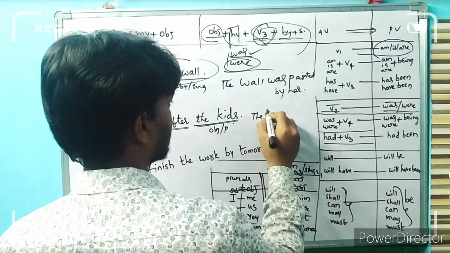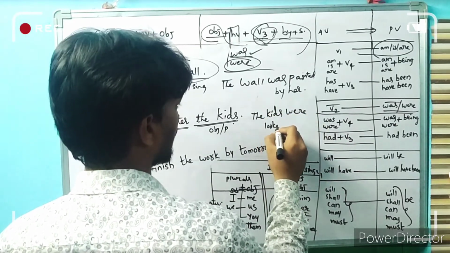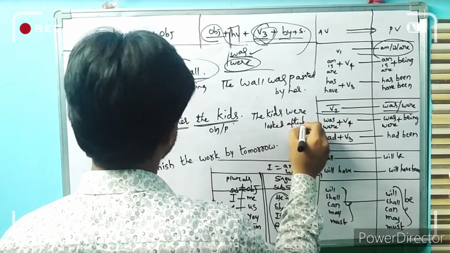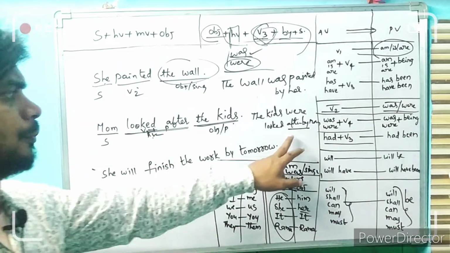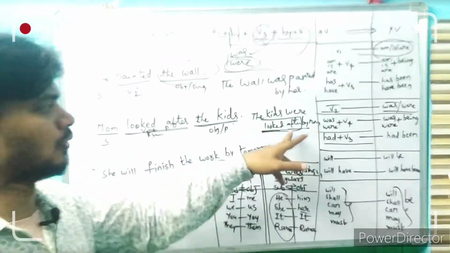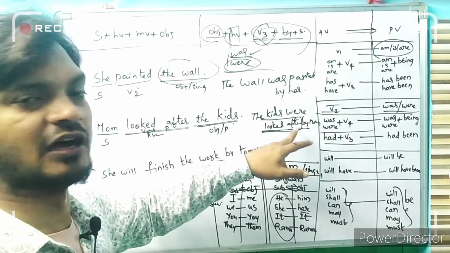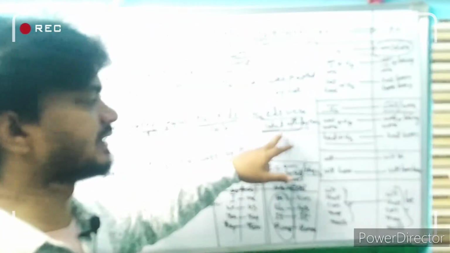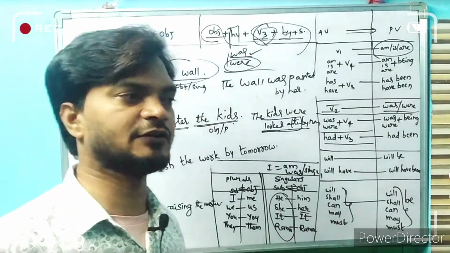Begin the sentence with the object: the kids were, V3 also, looked after by mom. Don't be confused with two prepositions. This preposition belongs to this verb, which is a phrasal verb. Most students get confused with after and by, so they use only by and skip the after, but then it becomes wrong. Looked is different, looked after is different. Looked after is in the sense of taking care.